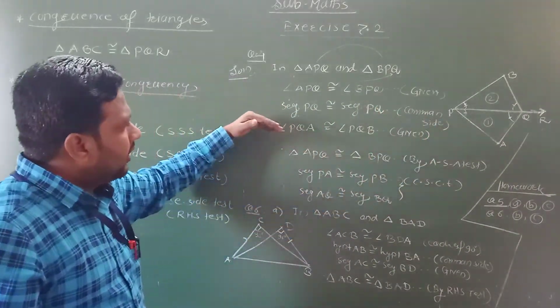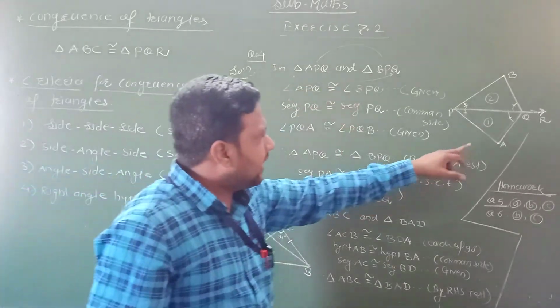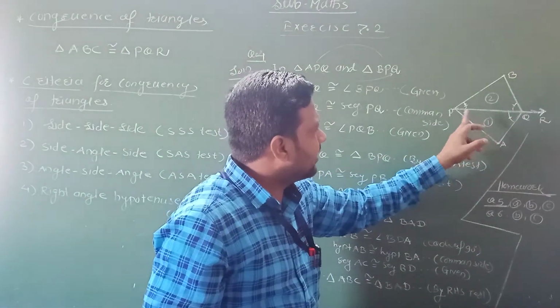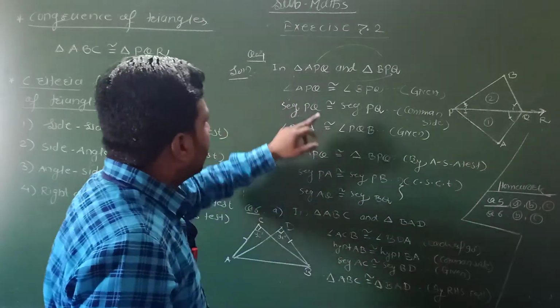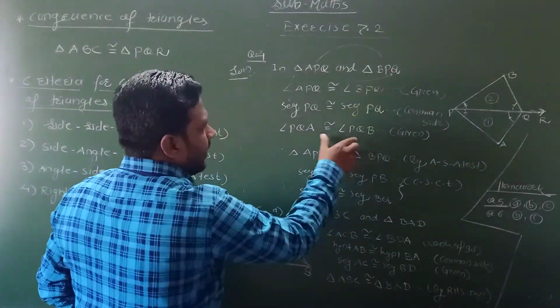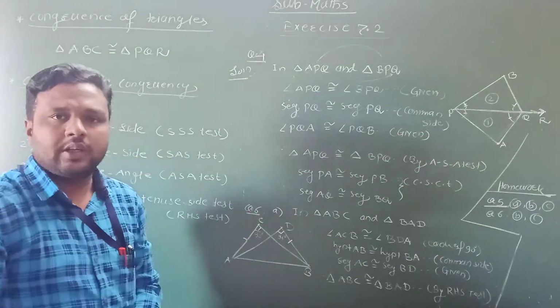Then third, the pair of congruent angles. Which angle? This Q angle. We write the Q angle in triangle APQ as angle PQA, and in the second triangle as angle PQB. These two angles are equal. This is also given here. Clear?